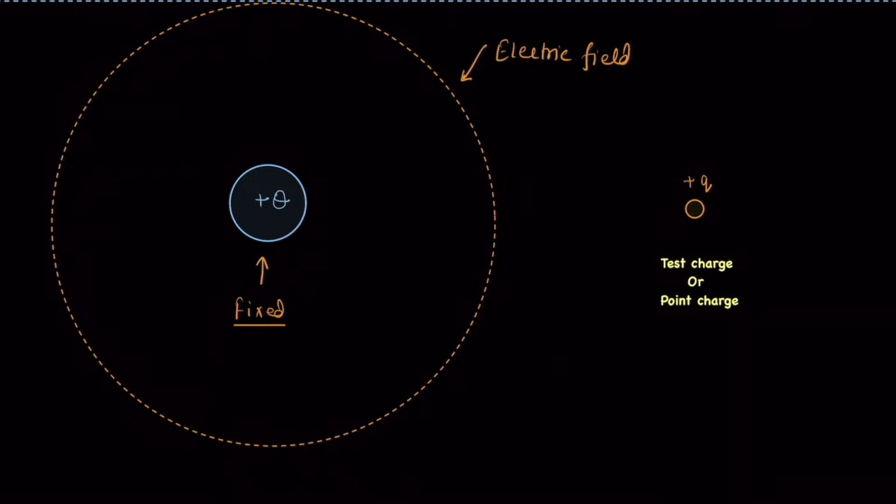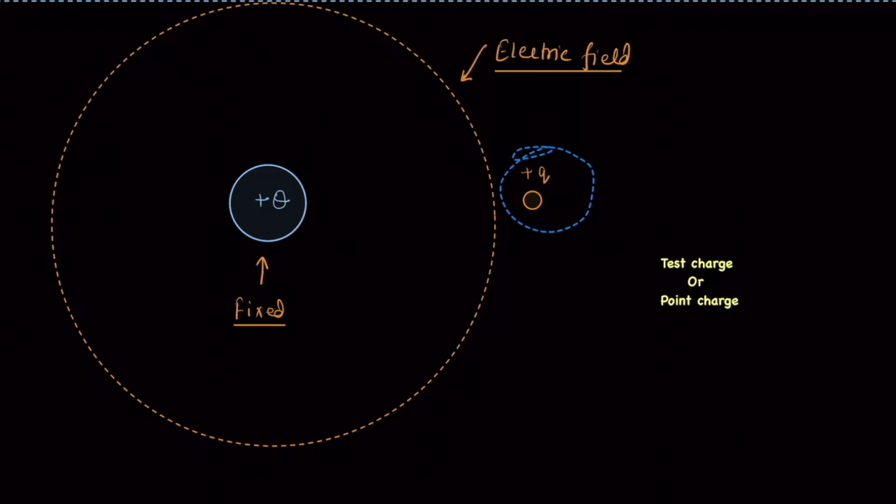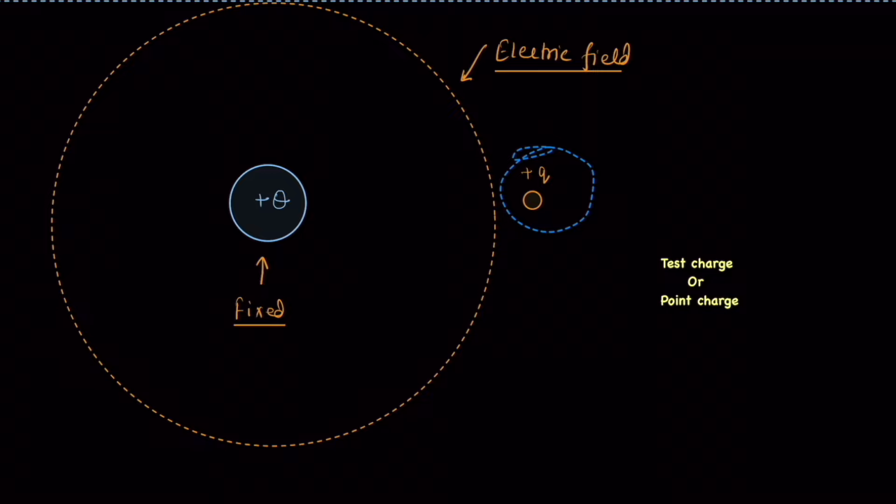In simple language, you can say that this is the area till where the influence of the bigger charge is present. It means that if we put any test charge or any other charge in this range, then this fixed charge starts repelling this test charge. But when any test charge is outside this sphere, there is no attraction or repulsion by the fixed charge.